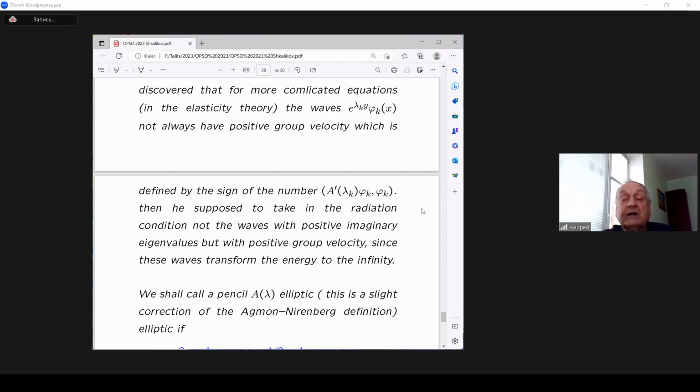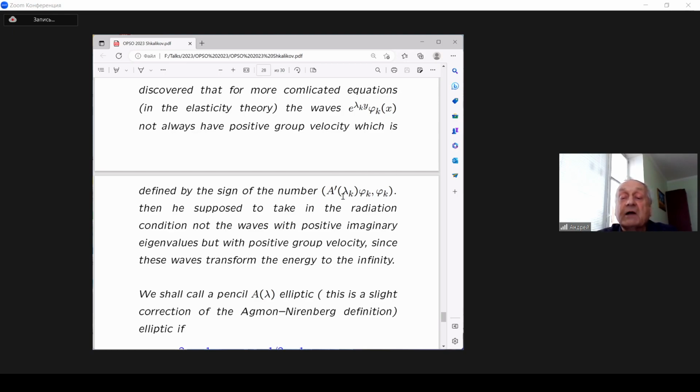But Sommerfeld, solving the Helmholtz equations, assumed that evanescent waves have to correspond to positive imaginary part. But actually, Mandelstam proved, Lamb discovered the waves which have positive imaginary eigenvalues, but the group velocity of these waves is not positive.